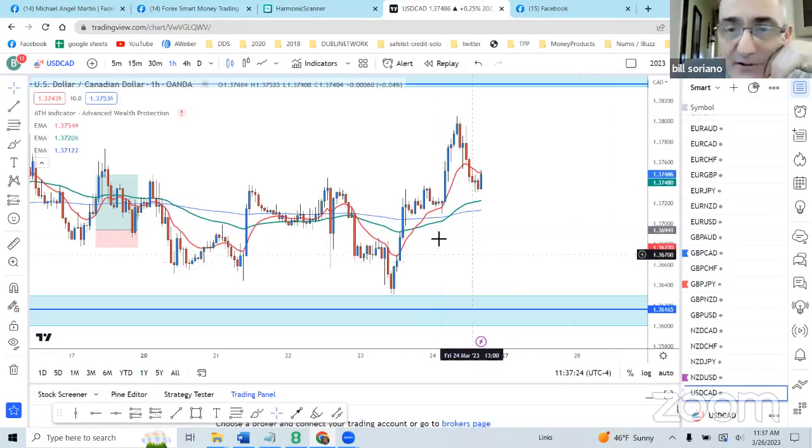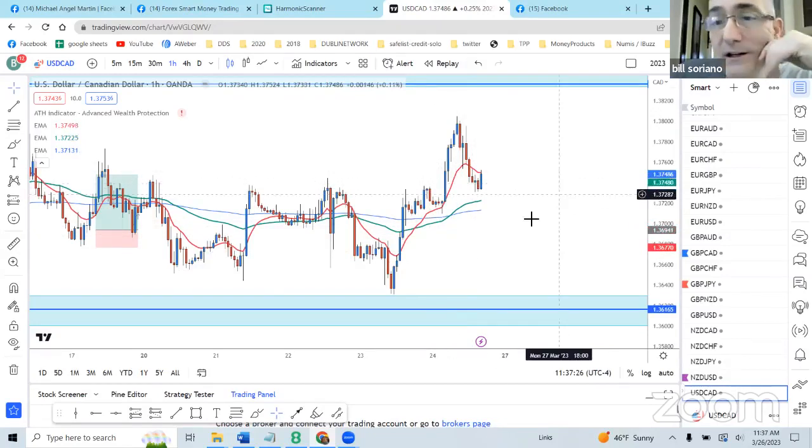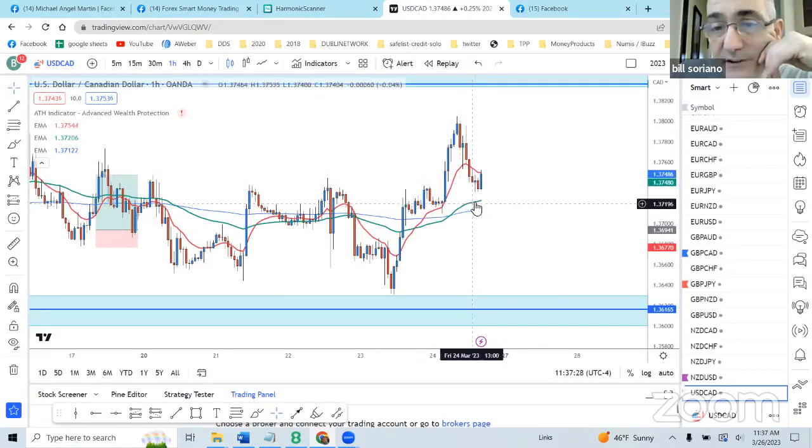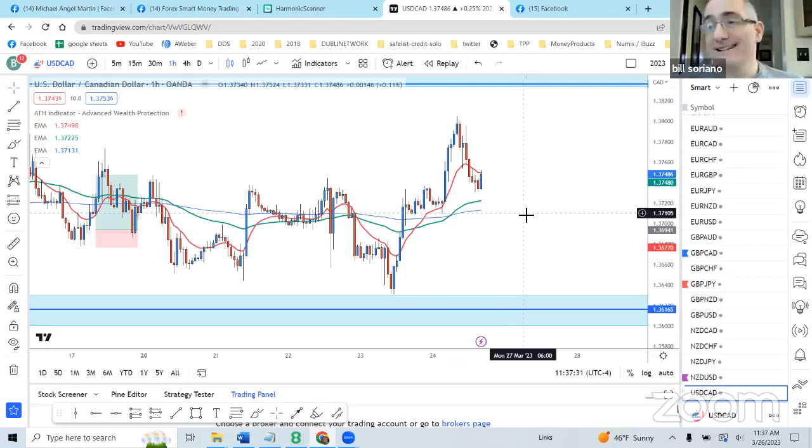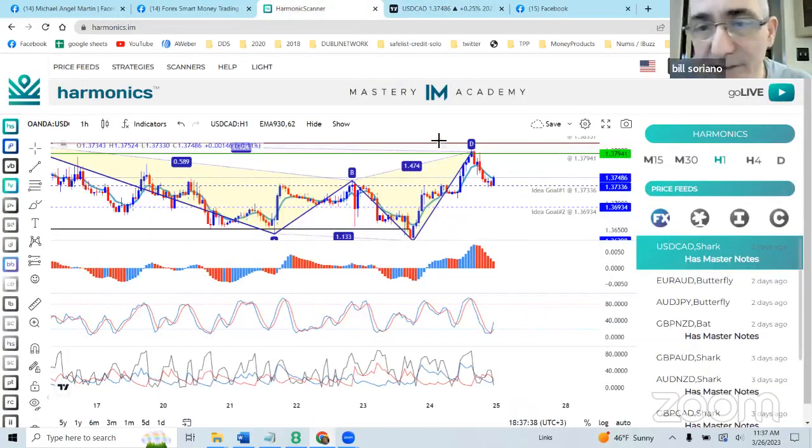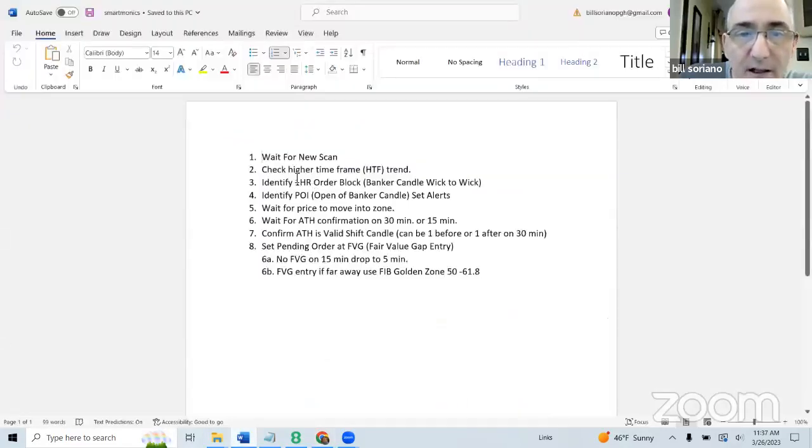And so since the 13 is above the 62 and both the 13 and 62 are above the 200, that tells us that the current bias on this would be bullish, okay? So if the harmonic scanner is telling us to take a sell on this, I really don't want to do that, right? However, so that is, if we go back to our strategy here, right?